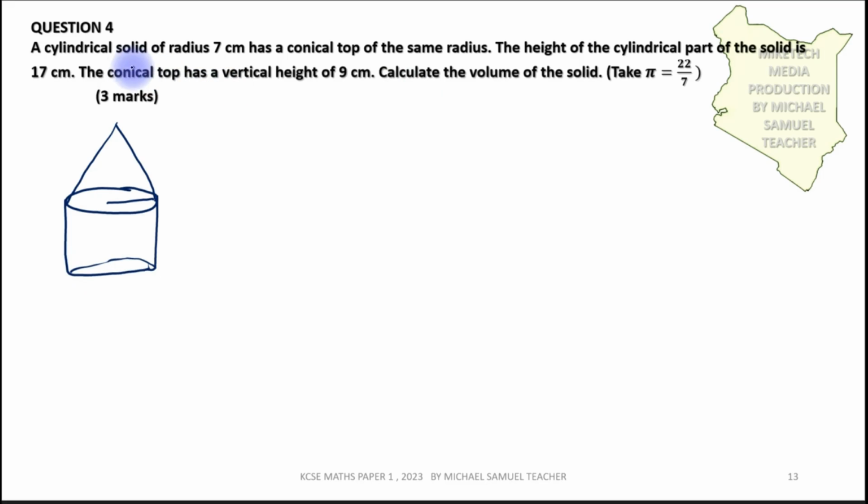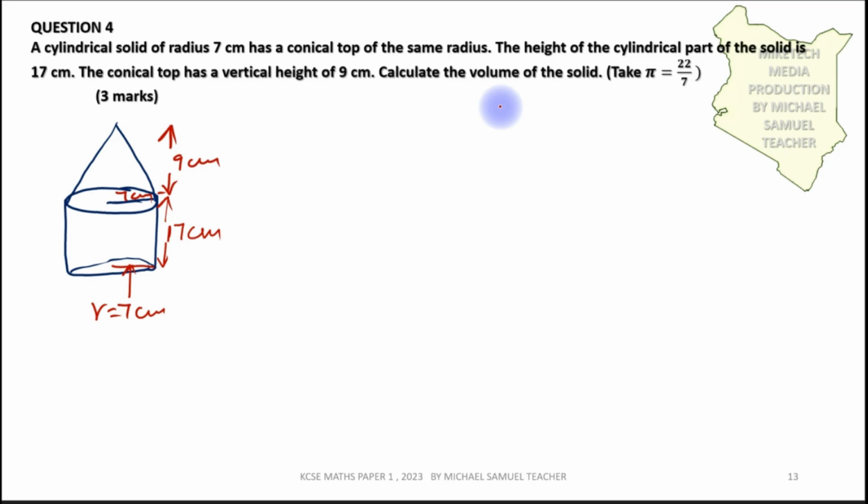Therefore, the information given: it has a radius of 7 centimeter. That is the radius. And the height of the cylindrical part is 17 centimeter. And the conical top has a vertical height of 9 centimeter. Calculate the volume of the solid.